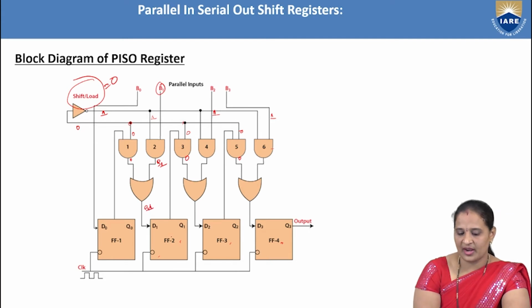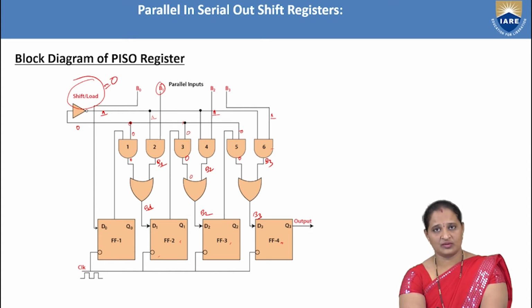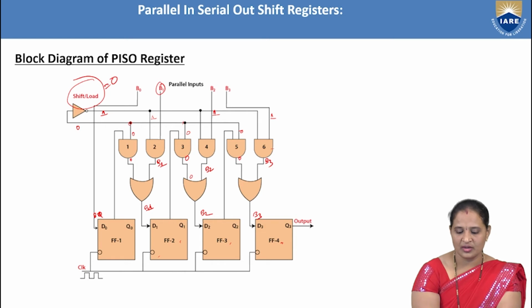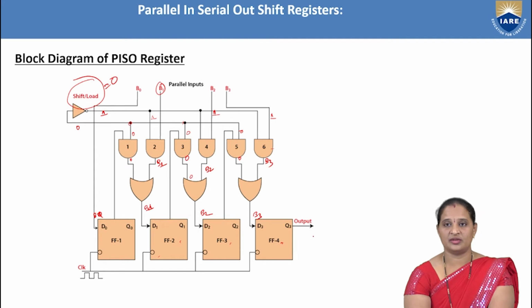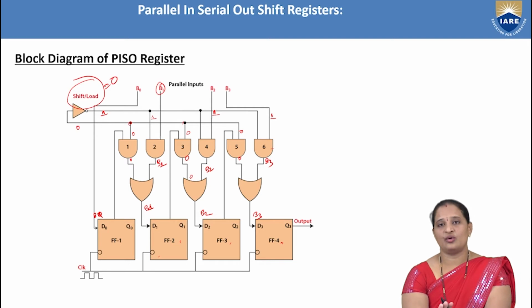Next, this is 0 and the other input to the fourth AND gate is B2, so B2 is applied here. Next, this is B3, so B3 is applied here. So that means when the shift or load line is equal to 0, it performs parallel loading. The inputs to the flip-flops are B0, B1, B2, B3.